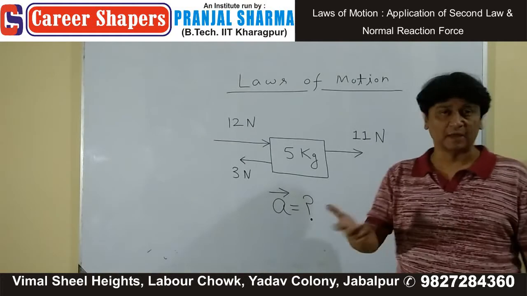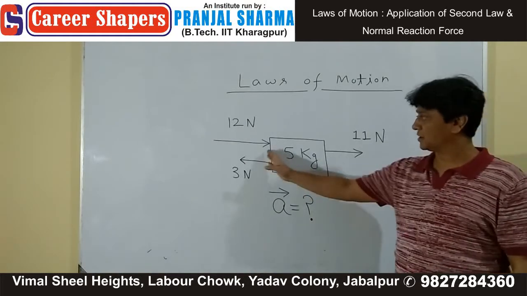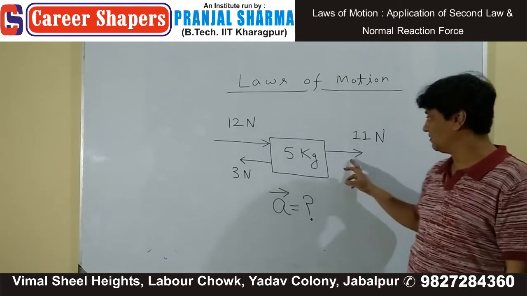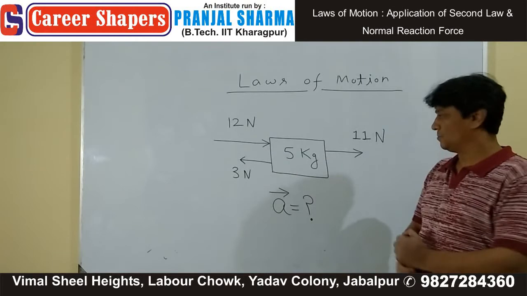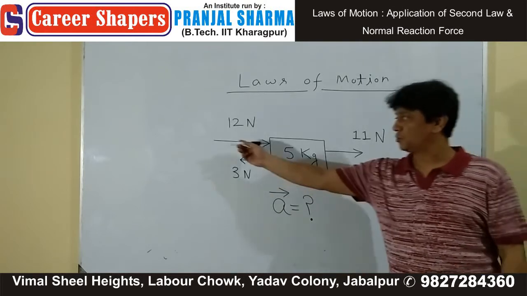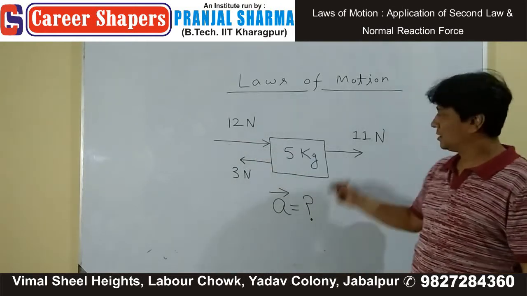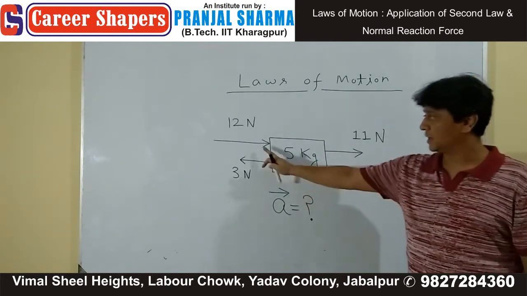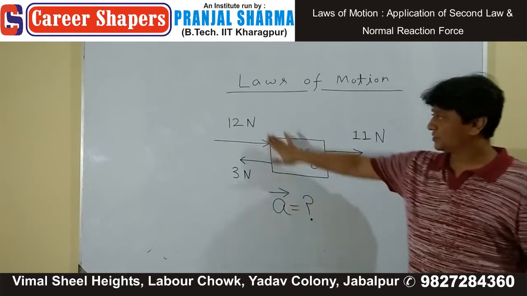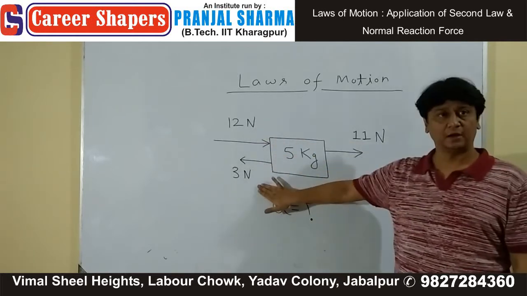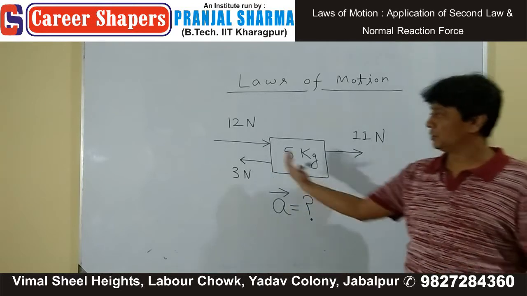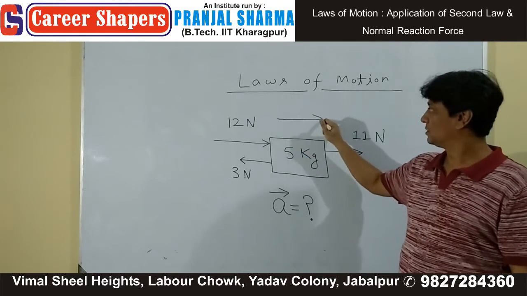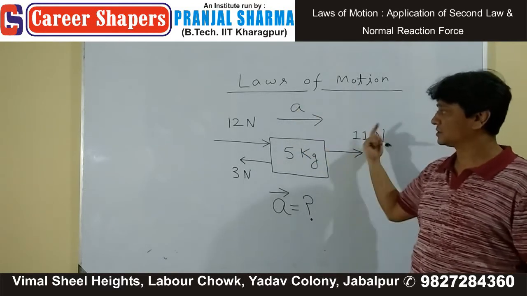At times people think that 12 and 11 are acting on the opposite faces and therefore they subtract 12 and 11. But use some logic, you can see that 12 is pushing, 11 is pulling. They both are in the same direction. This is 12, this is 11, this is 3. Logic says dominating force is acting due east and therefore this body is going to move like this.